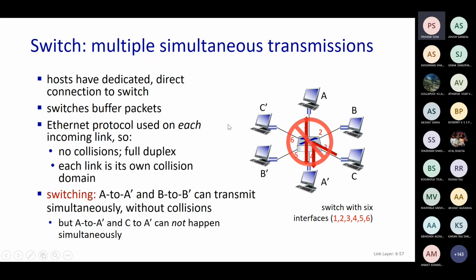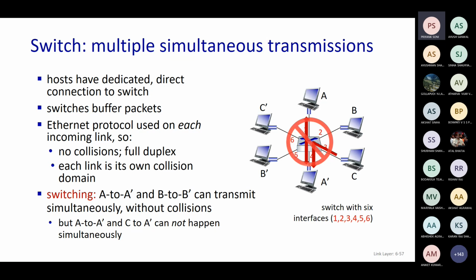We could see that A to A dash and B to B dash could happen with full duplex communication, and collision was not happening. But what about A to A dash and C to A dash? That means the destination here is the same.